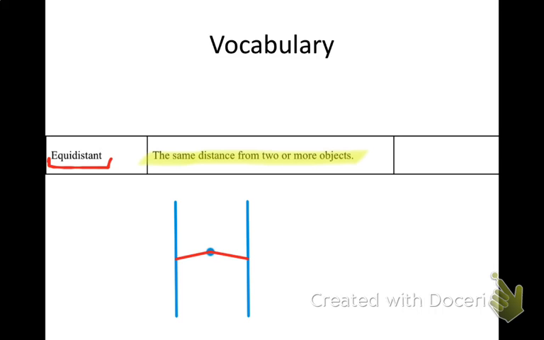It'd be equidistant apart, even though they're at angles. Equidistance, the same distance from two or more objects. Which makes sense. Equidistance, equal distance, equidistant.